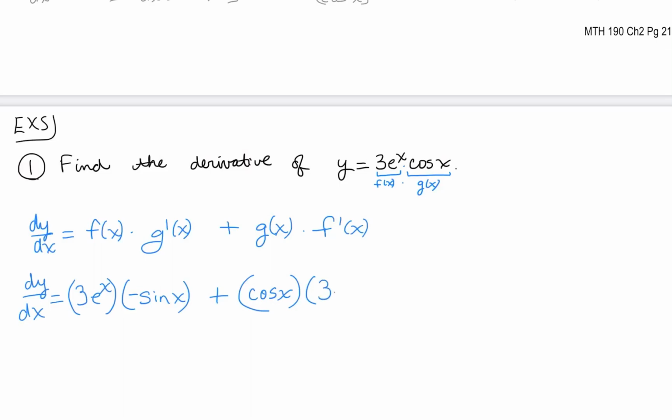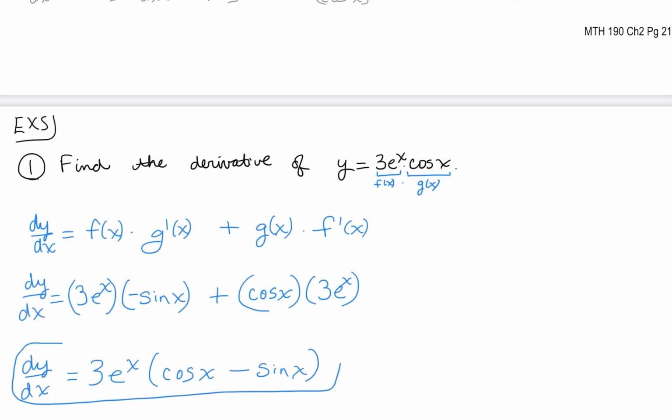Constant multiples get carried along, and the derivative of e to the x is e to the x. You might see a lot of times in a final answer that they factor out a common factor. You wouldn't have to, you could have left it, but if I factor out 3e to the x, I could write this as 3e to the x times the quantity of, putting the positive term first, cosine of x minus sine x.